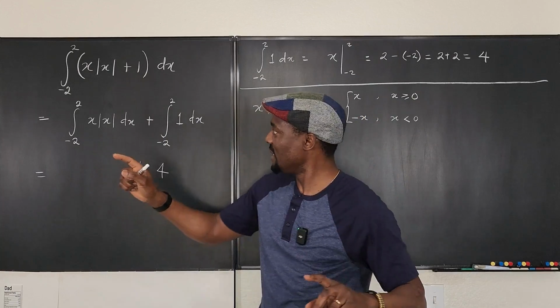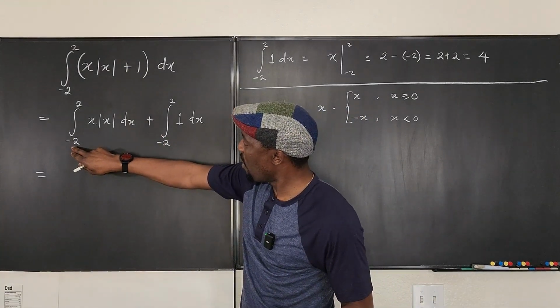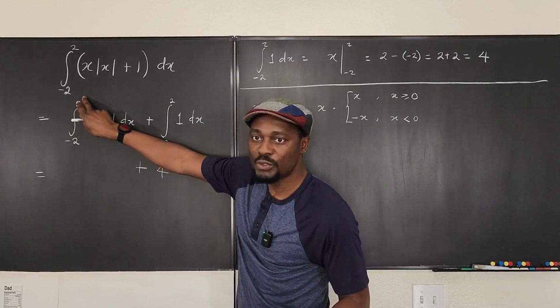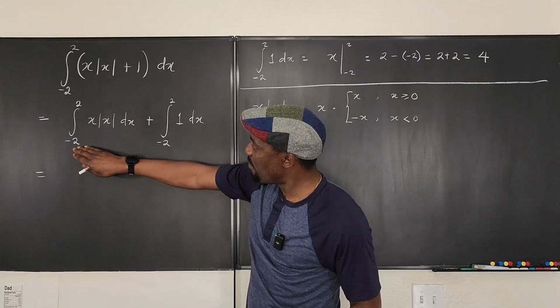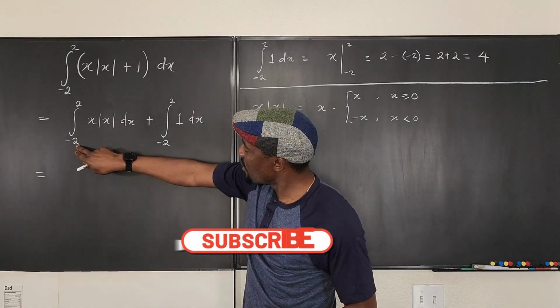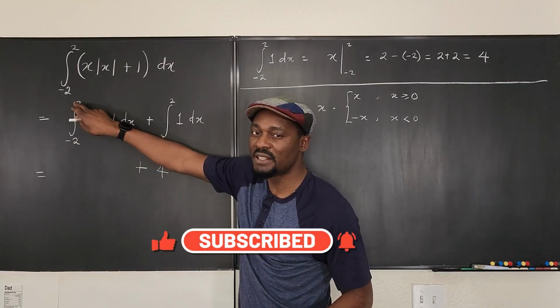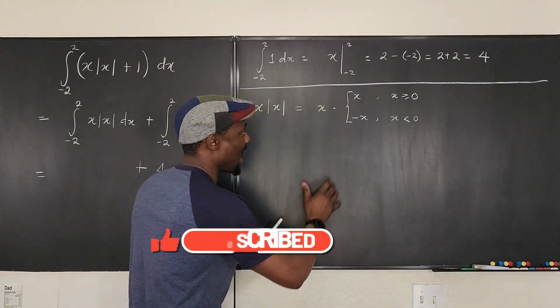So if we go back here, we know that the bounds of this integration are from -2 to 2. It means every portion of this integrand goes from -2 until it gets to 0, and after 0 something else happens. So you notice that we're going to have two portions.